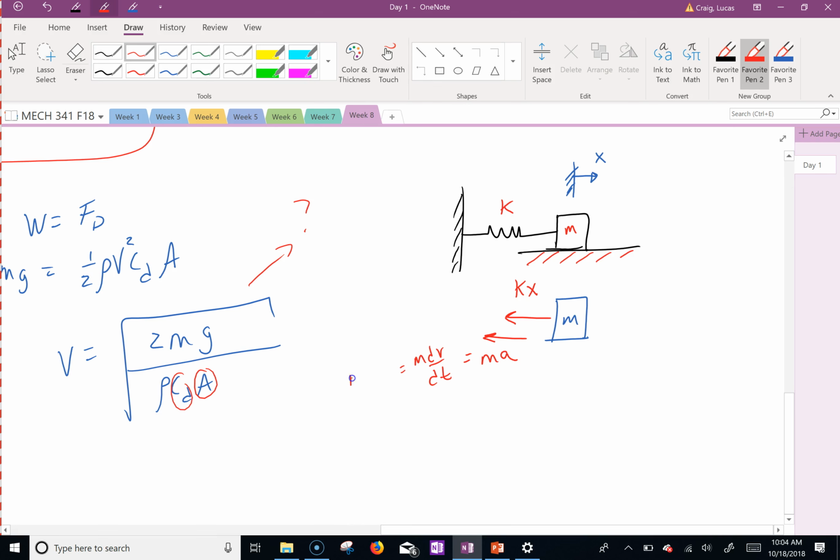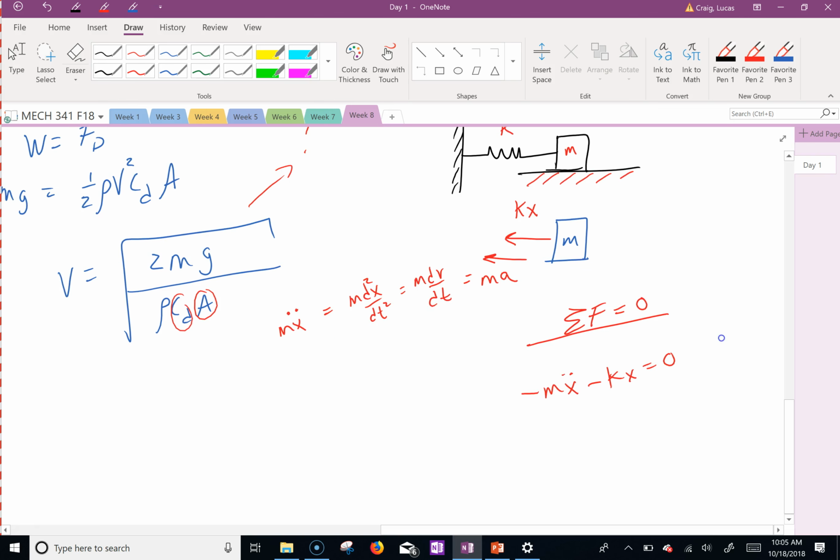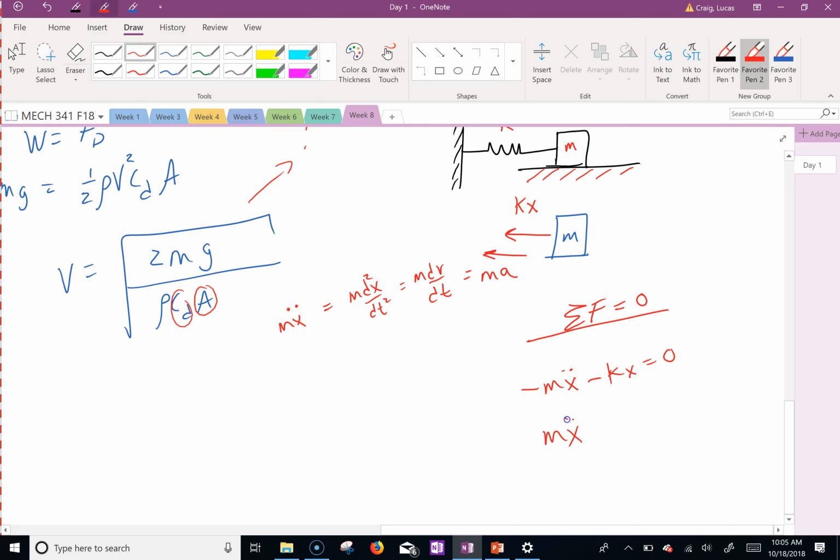It's also the second derivative of position, which we call x double dot. If we sum the forces and set them equal to 0 because we threw inertia in there, we get minus m x double dot minus kx equals 0, and we have this.